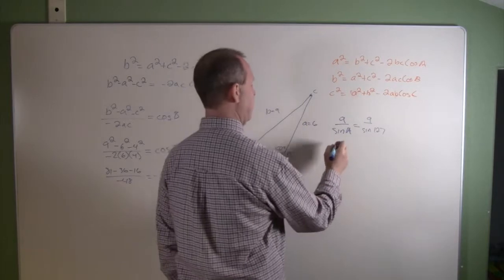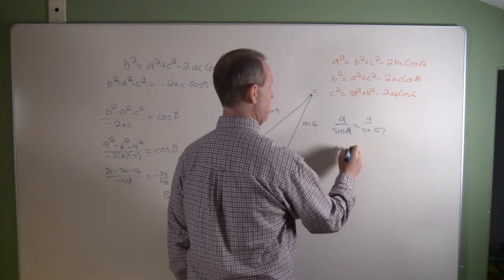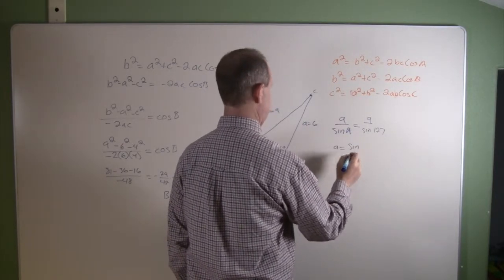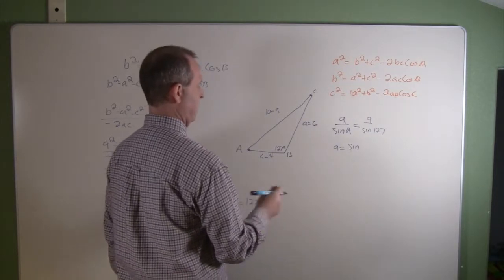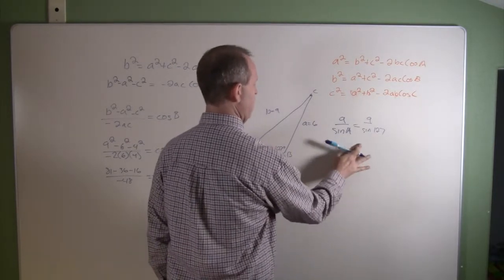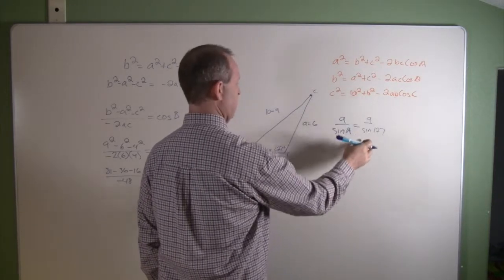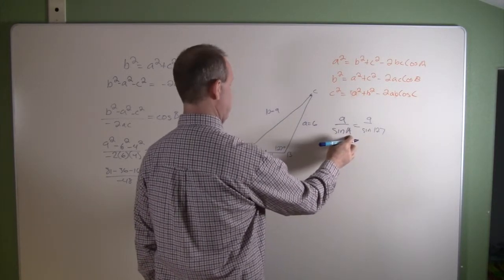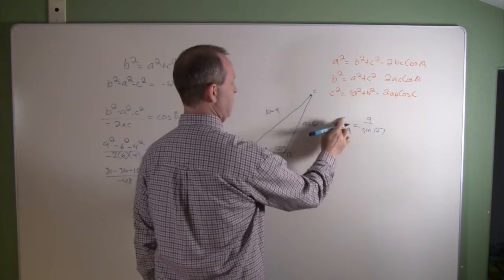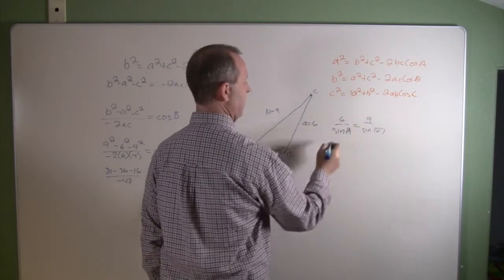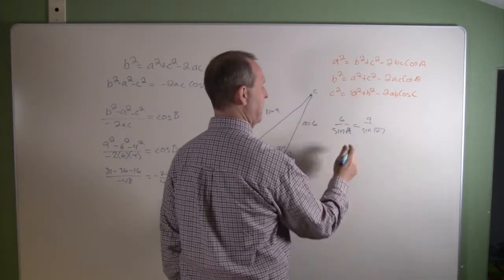Solve that for A. Back up, I don't know sine of A, that's my unknown. I know side a now, that's 6. That's where we go. All right, let's solve that for sine of A.